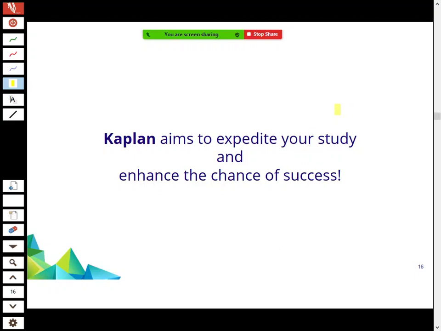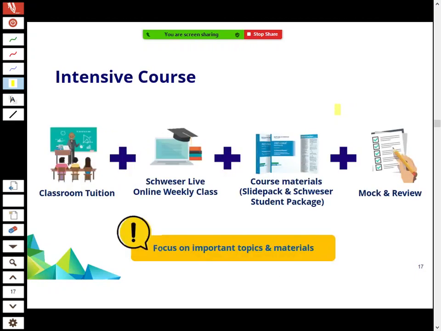With all these constraints, we have to come up with our study strategies to enhance our chance of success. We don't work hard 24 hours a day, 7 days a week. It is quite hard work, but is it efficient? It might not be. So we have to be very disciplined and focused, and sometimes very flexible.